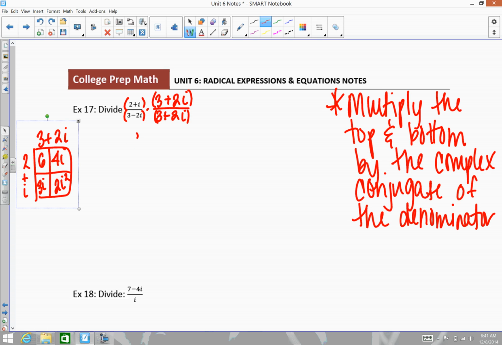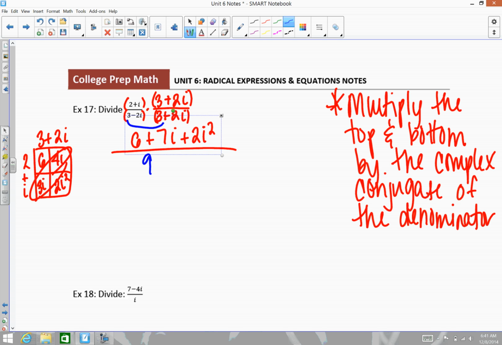So up top, I'm going to have 6 plus 7i, because I got to combine these, plus 2i squared. And then on the bottom, those are complex conjugates. So if you remember the rule from the previous page, it's just going to be 3 times 3. And then if you multiply negative 2i times positive 2i, it's negative 4i squared.